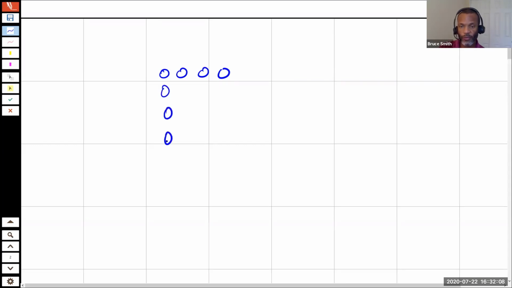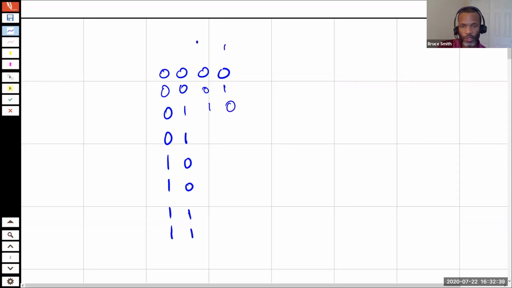1, 2, 3, 4. 1, 2, 3, 4. Splits it in half. And then this one goes 1, 2, 1, 2, 1, 2, 1, 2. And then this one goes, so 1, 2, let's make sure, and then 0, 1, and then this one is a 2.